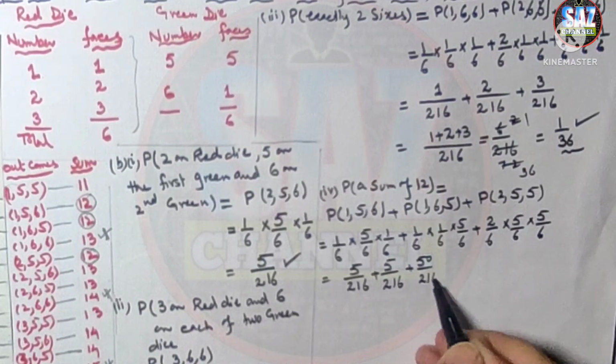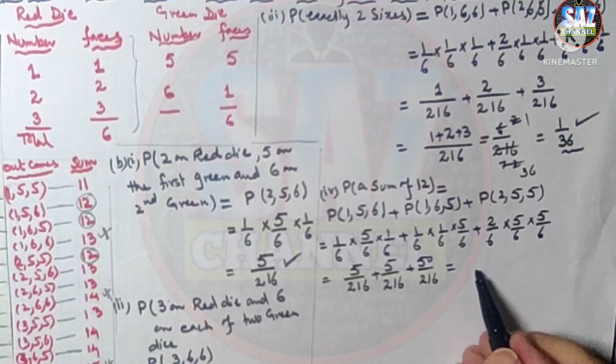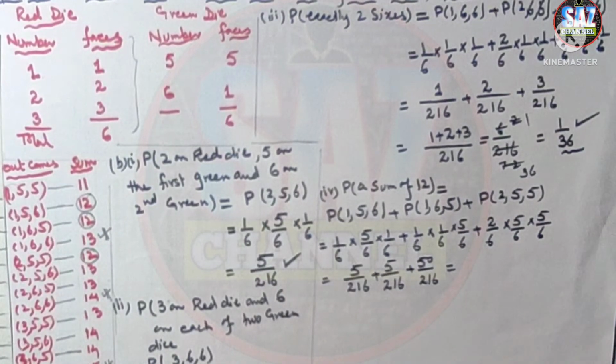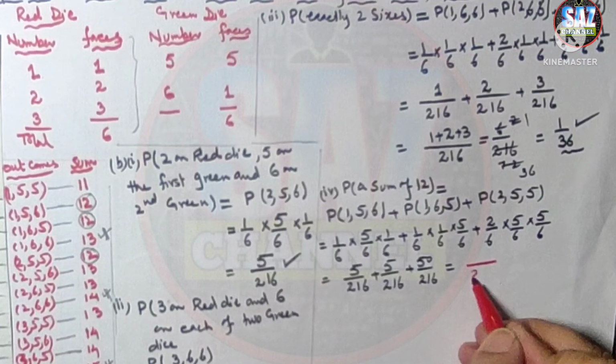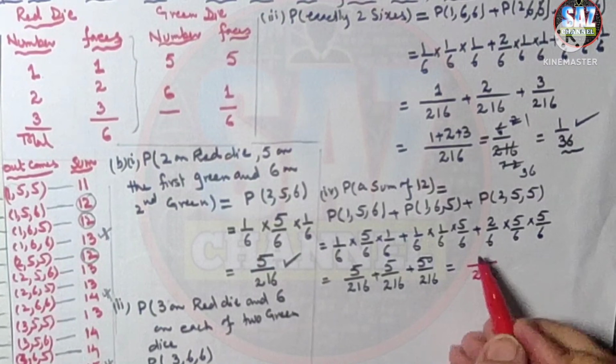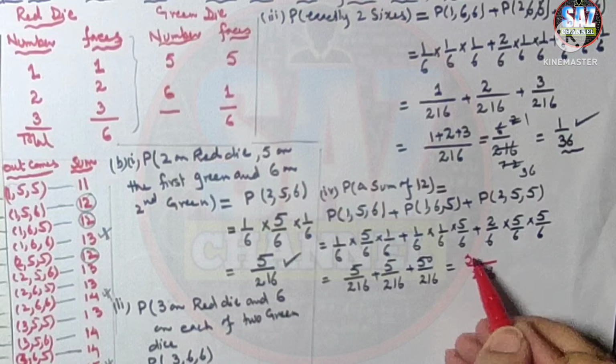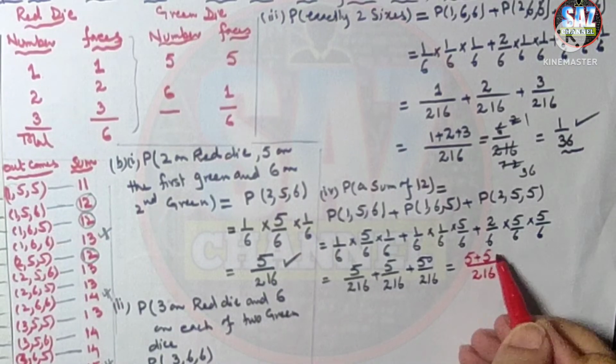And now what we can do is that 216 is the LCM, and the numerators will come as they are because all the fractions have the same denominator.